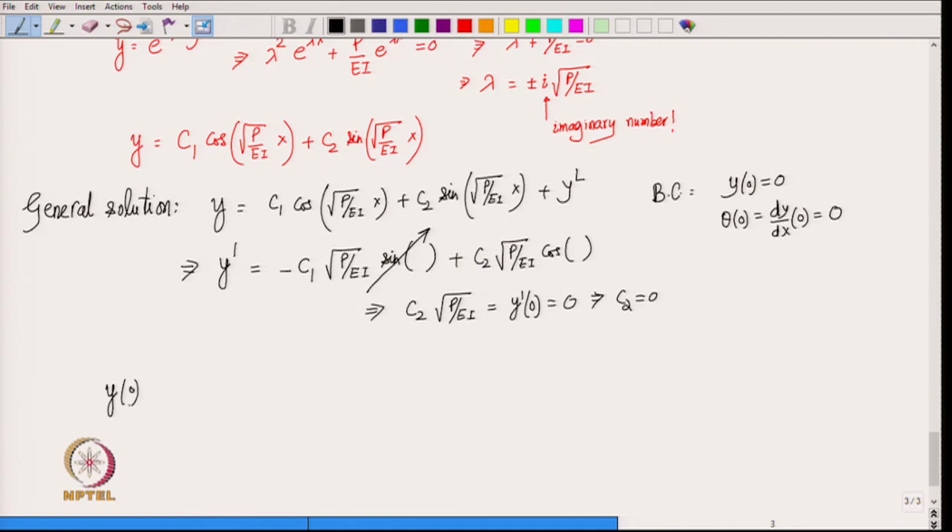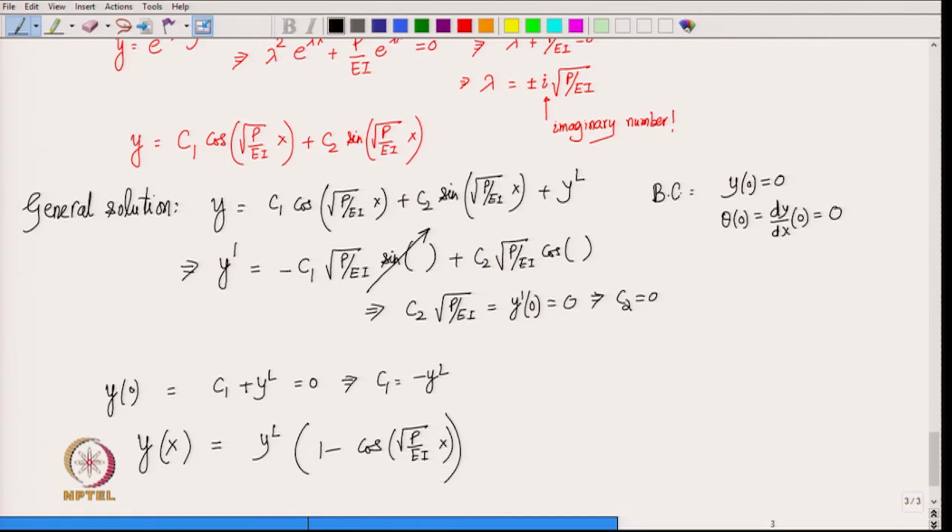So, we have y of 0 is equal to C1 times cosine of 0, which is 1. So, we have C1 plus y L, that is equal to 0, which implies C1 is minus of y L, right. So, finally, when we plug it in that equation, our solution becomes y of x equal to y L into 1 minus cosine of square root of P by E I into x.